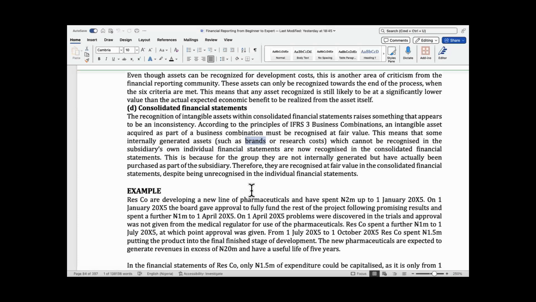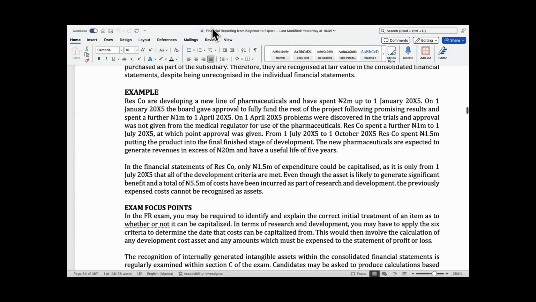Now, speaking of research and development, there's this question I want us to look at. It says RESCO are developing a new line of pharmaceuticals, and they have spent 2 million up to 1st of January 2005.